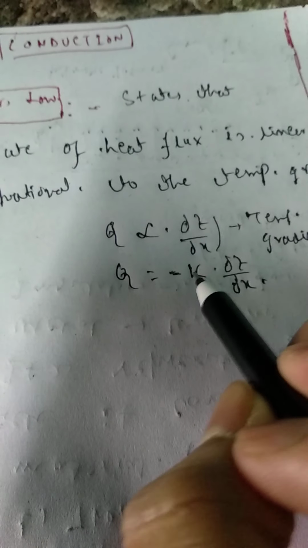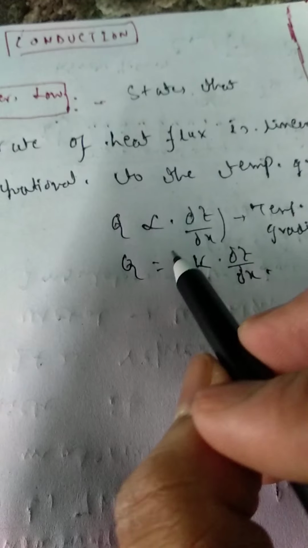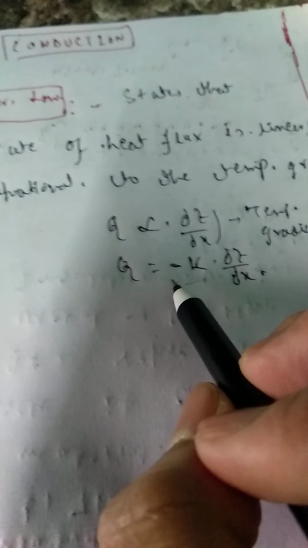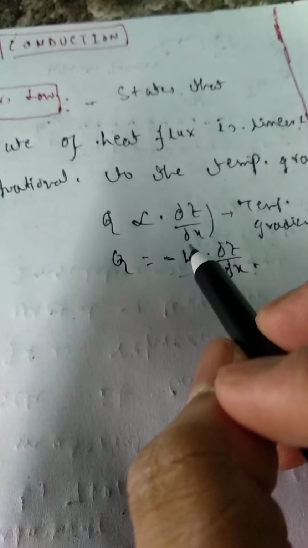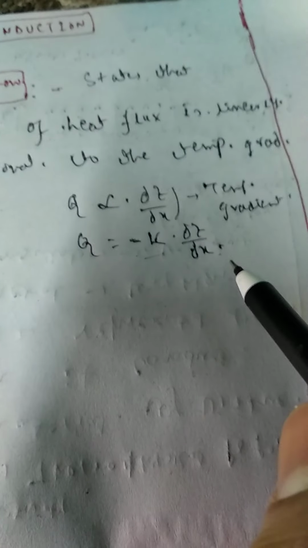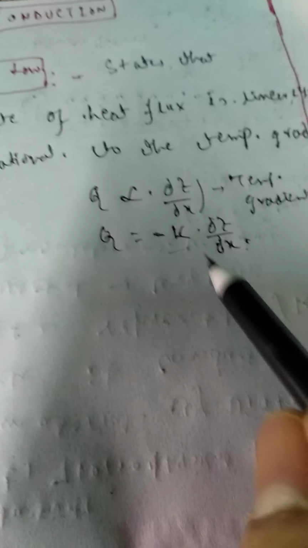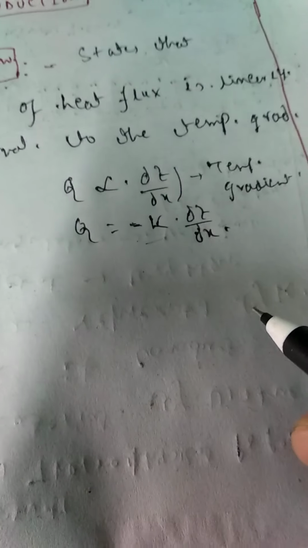So why is this minus sign there? This minus is there because the temperature gradient actually decreases along the length, so we have added this minus sign.